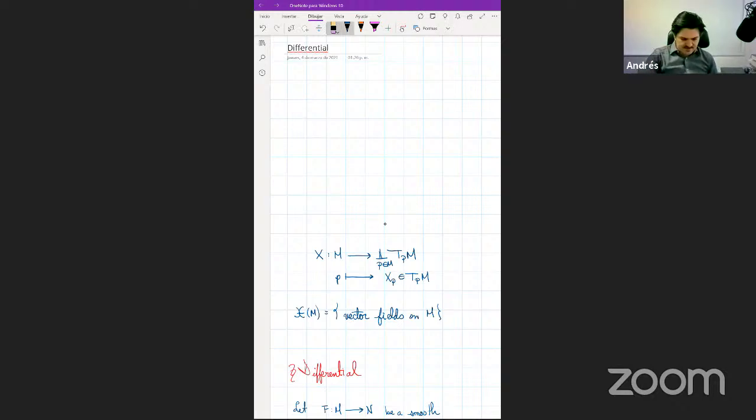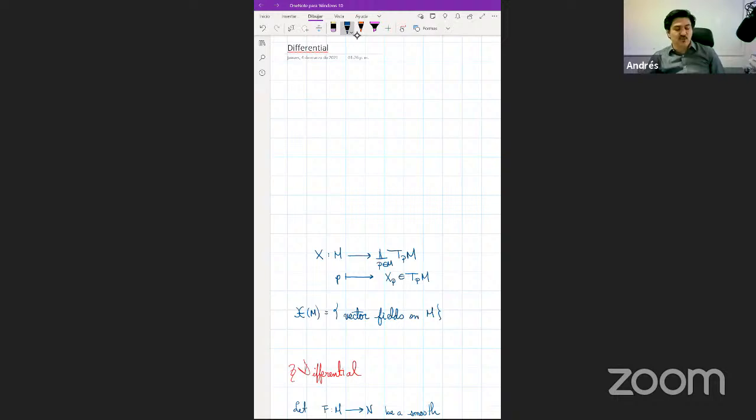So last time we defined the tangent space to a point in a manifold. We have two distinct approaches. One of them is the algebraic one, which consists in identifying a tangent vector with a derivation on the algebra of germs of functions.